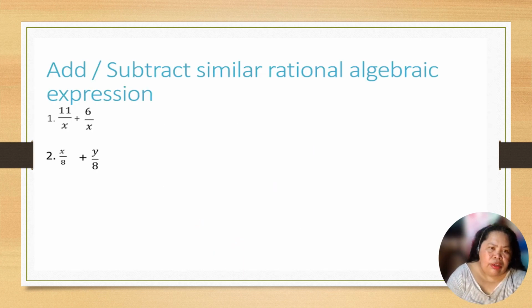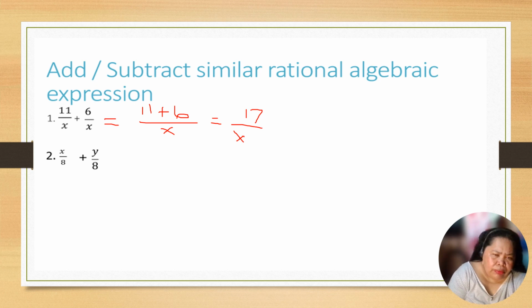Here, add or subtract similar rational algebraic expressions. In number 1, we just add 11 plus 6, then copy the common denominator, which is x. That is 17 over x.